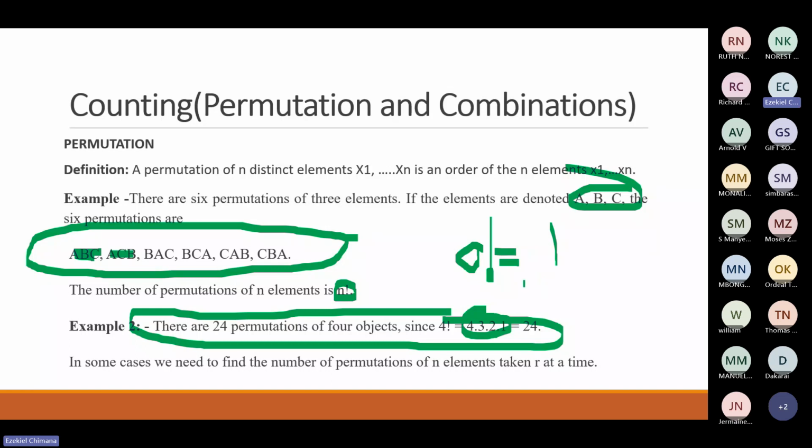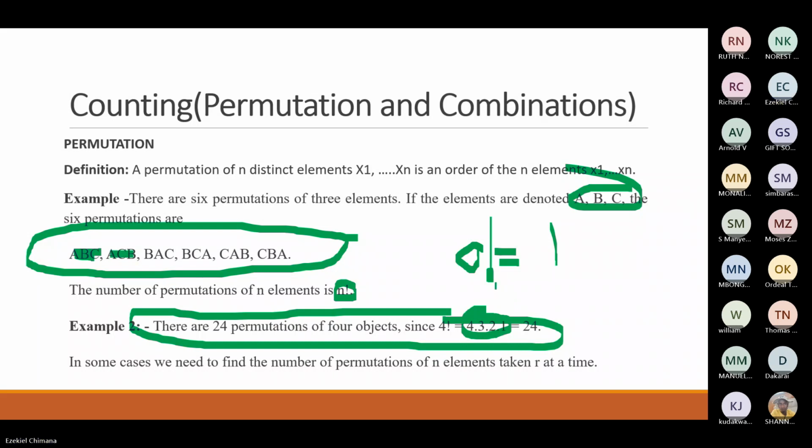If you want the factorial of 4, it's 4 times 3 times 2 times 1. If it is 3 factorial, it's 3 times 2 times 1. If it is 7 factorial, 7 times 6 times 5 times 4 times 3 times 2 times 1. If it is 0 factorial, the answer is always 1.